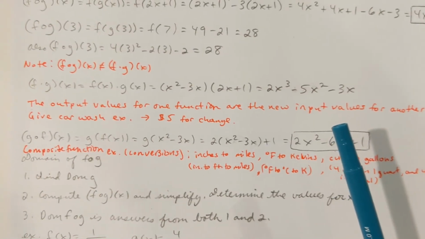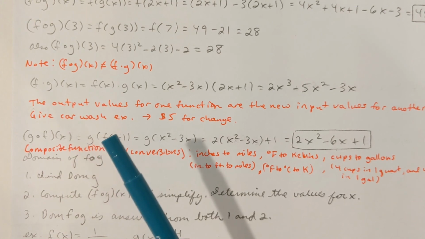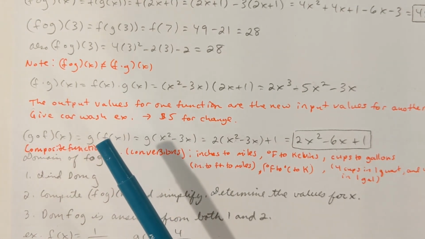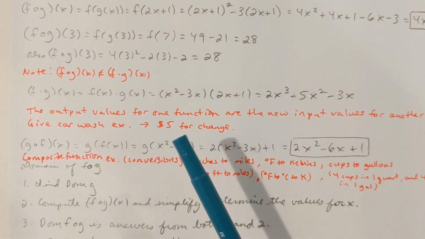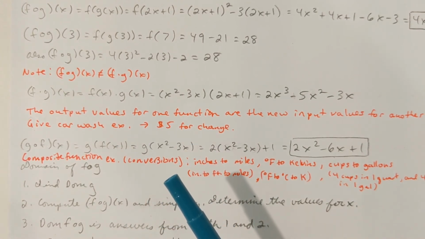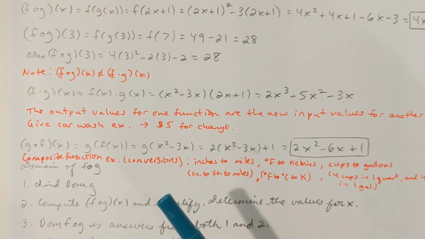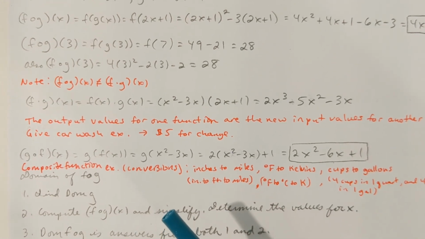A car wash example is an example that I usually use in class. Suppose that it costs $5 to get your car washed, okay? And the car wash machine only takes quarters, let's say. All right, now suppose that you only have a $5 bill.